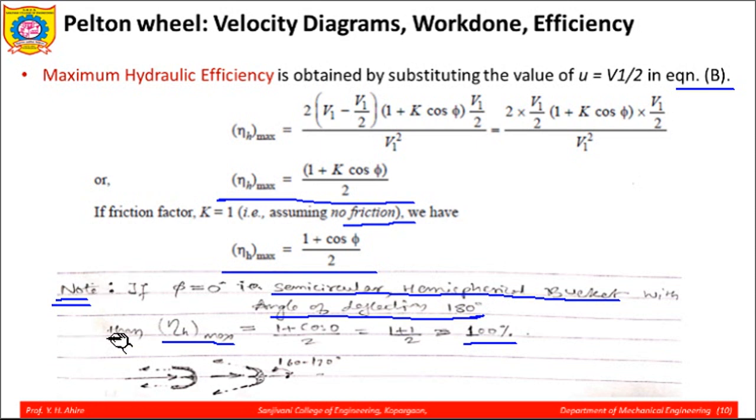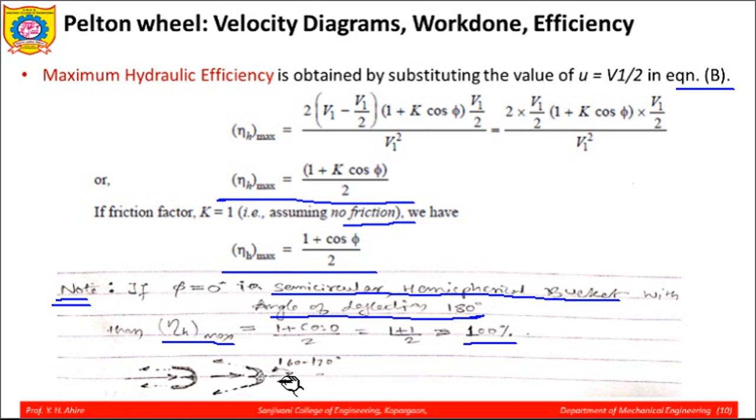This is an ideal situation where the bucket has a perfectly hemispherical, semicircular shape. It is something like this. So this is the incoming jet and these two are outgoing jets, right?